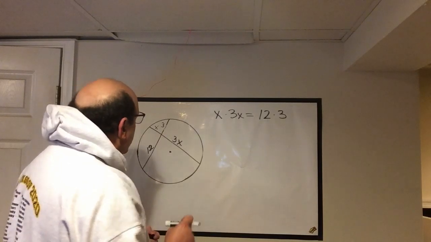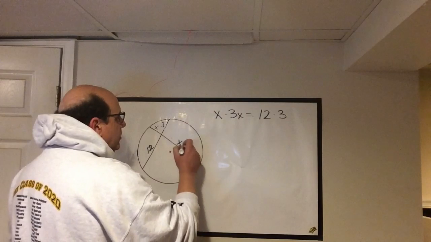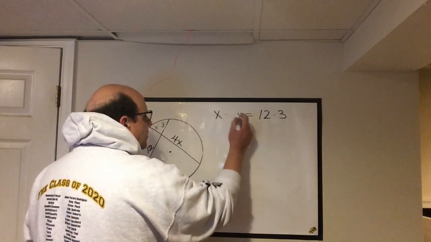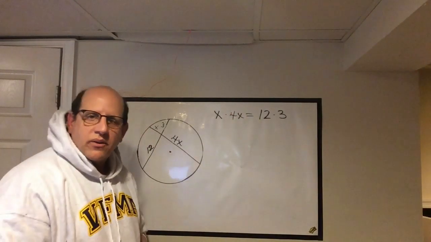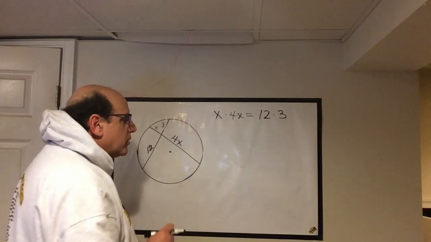It should be, I apologize, x times 4x equals 12 times 3. I made a little mistake there in writing down what the problem was. So let's try x times 4x equals 12 times 3.